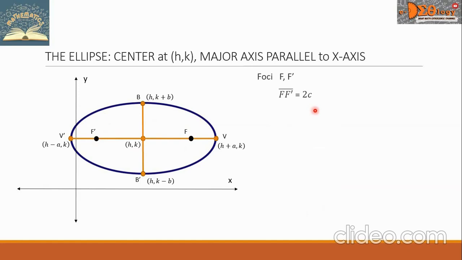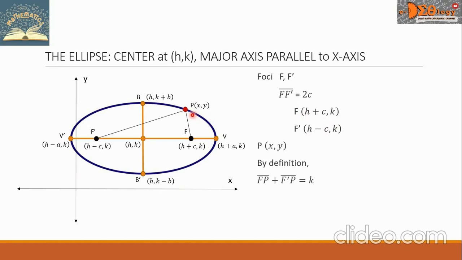So the coordinates of the foci are (h plus c, k) and (h minus c, k) respectively. Now let us take one point of the ellipse denoted by P, with coordinates (x, y). This is a moving point that represents all the points of the ellipse.